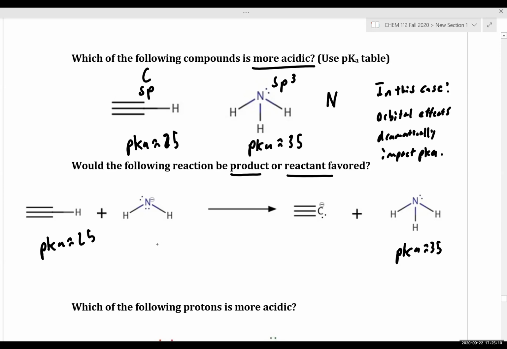Is this reaction product or reactant favored, looking at our pKa values? Can we actually execute this reaction in the lab? What does everyone think? Product or reactant favored?